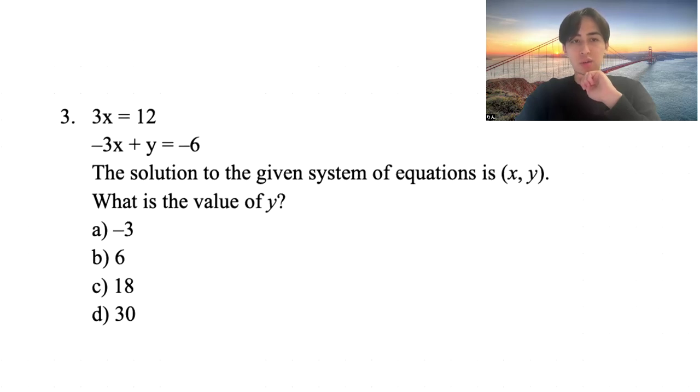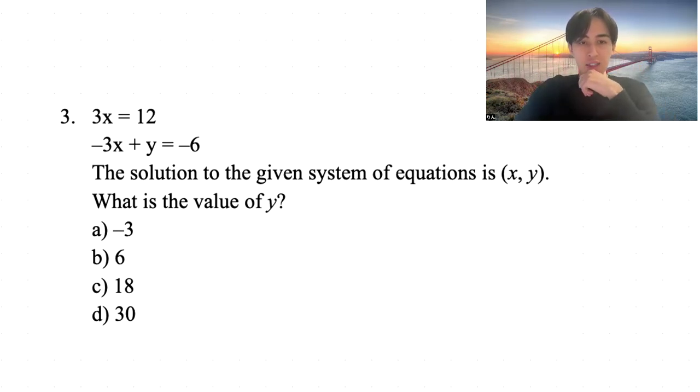3x equals 12. Negative 3x plus y equals negative 6. The solution to the given system of equations is x comma y. What is the value of y? Okay, so what they want us to do is find the value of y from these two equations. What we can actually do is combine these two equations into one.